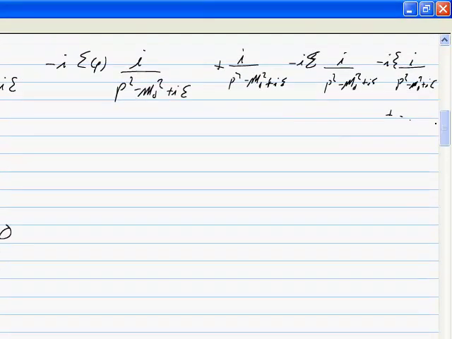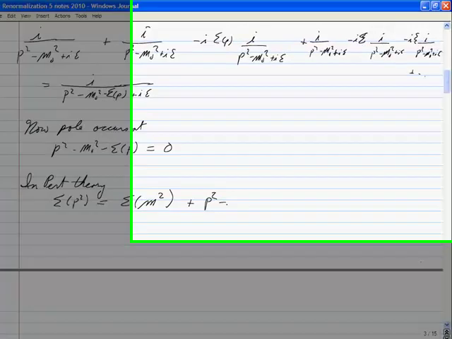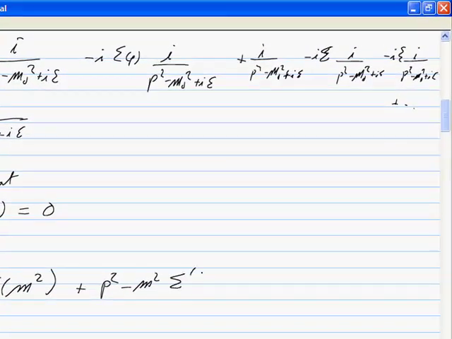In perturbation theory, this is relatively easy to solve. In general, that could be a nonlinear equation. Sigma can have some complicated momentum dependence. But in perturbation theory, it's not too terrible to solve. You treat that as a perturbation. We write sigma of p squared as sigma of m squared plus p squared minus m squared sigma prime of m squared.